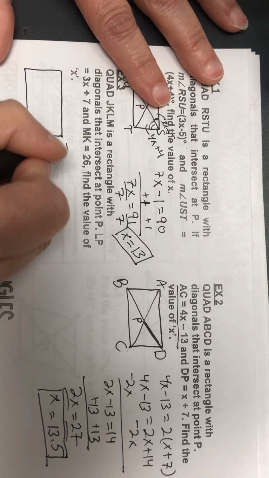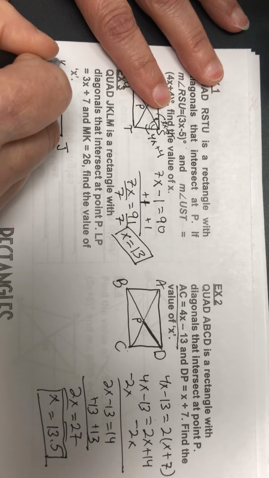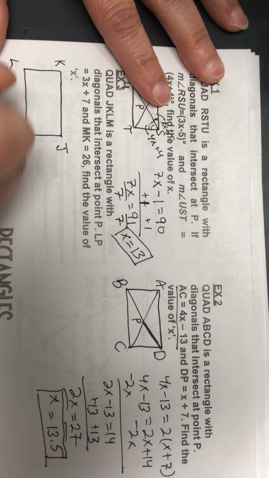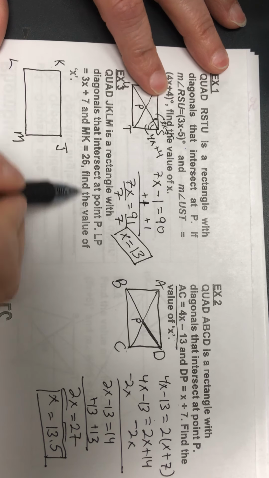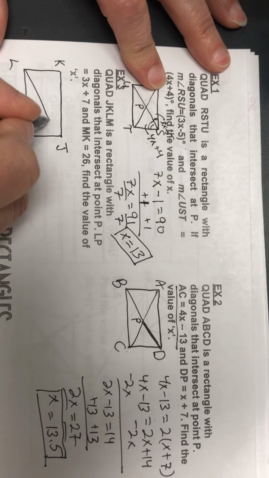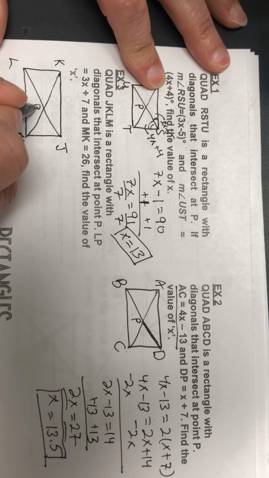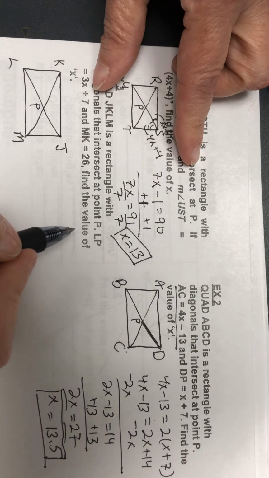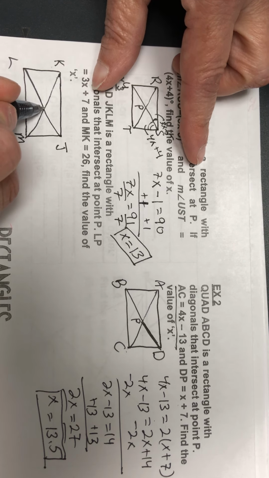I can start anywhere. Doesn't matter. Go any direction. I just have to continue in that direction. J, K, L, M. Diagonals intersect at P. They can intersect at a point named something besides P. They're just being boring. Okay, LP, that's half a diagonal.